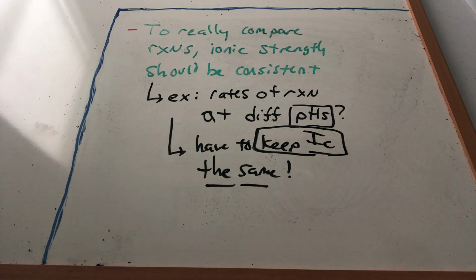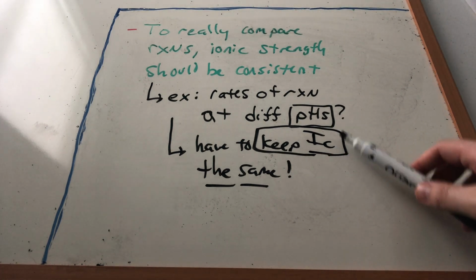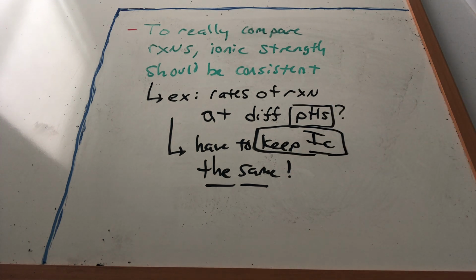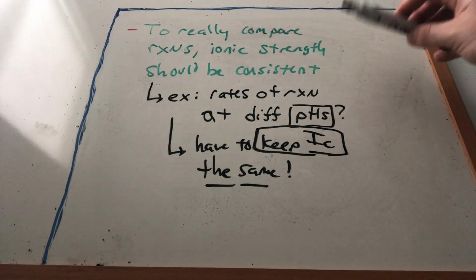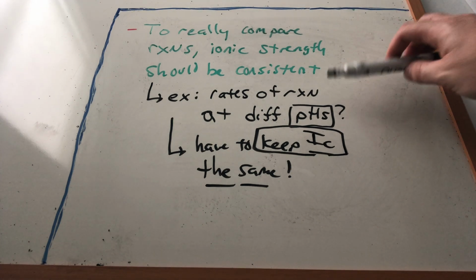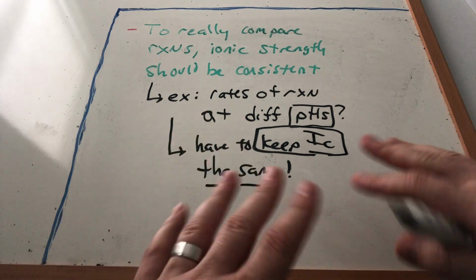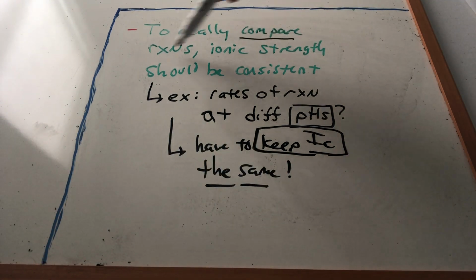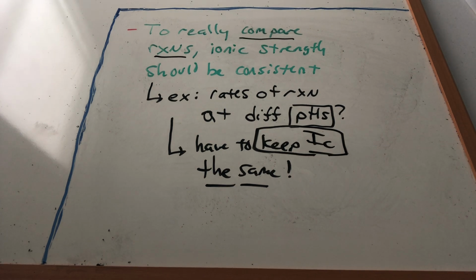There could be ion pairing, there could be ionic atmosphere interactions that change because there are different amounts of ions in solution. Changing the pH changes the amount of ions in solution, so the chemical behavior might change just because of that. So then I can't really compare those reactions that I'm running at different pHs. Even though it's the same reaction with just a minor change, I really can't compare them because the ionic strength isn't the same. So what do you do in these situations?